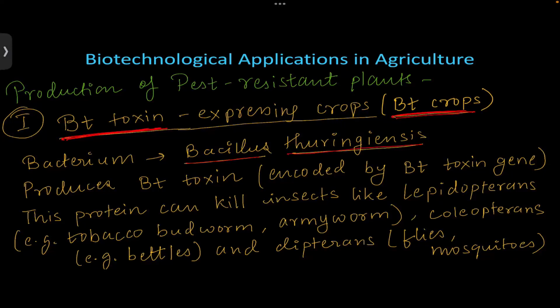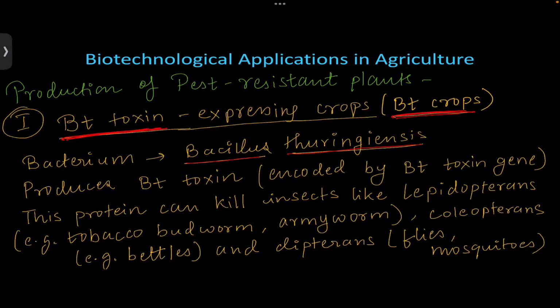So it is a bacterium. What does Bt toxin do? So this Bacillus thuringiensis produces this Bt toxin, and when this Bt toxin is ingested by an insect, it basically kills them. Okay.